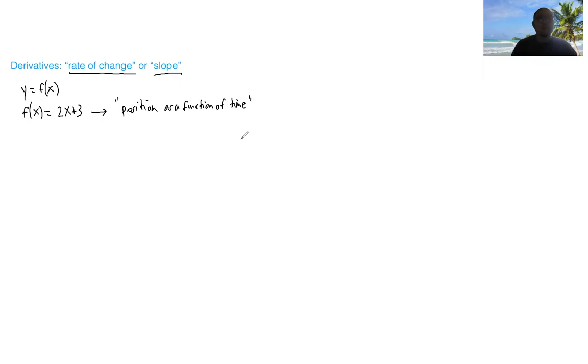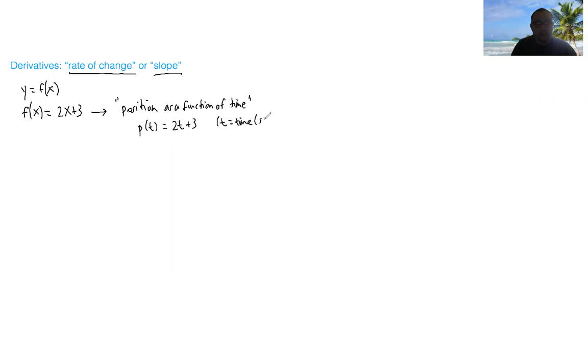okay? So let's take our f of x function and let's just rewrite this so it's a little more intuitive. I'm going to write the same thing just using different letters. So instead of f of x, we're going to interpret this as position with respect to time is equal to 2 times t plus 3, where t represents time.